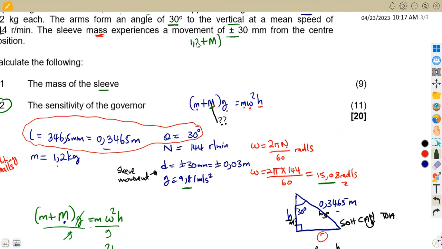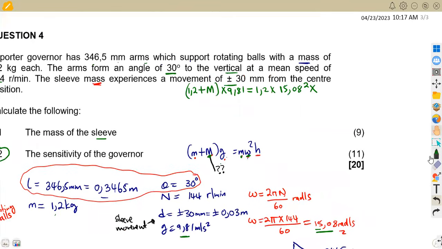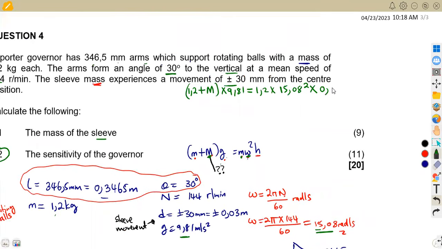So it's plus M like this, times the gravitational acceleration 9.81, is equal to the mass of the rotating balls, which is 1.2, times our speed, which is the mean speed squared. So this is 15.08 squared times the height. In this case, the height is the one that we calculated from this triangle, which is 0.3. So we are going to multiply by 0.3.